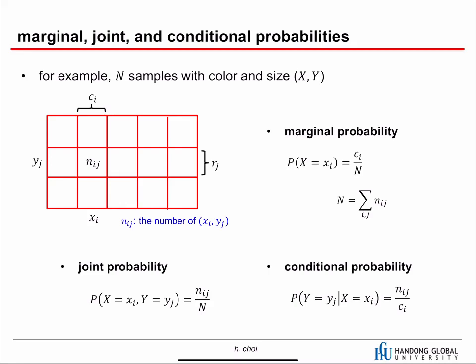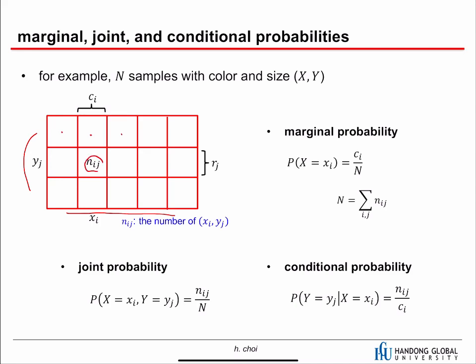So, for example, let's assume that we have n samples with different colors and sizes. Okay, so we have three different sizes here, and then we have five different colors. In total we have n samples, and each cell has the number of cases.